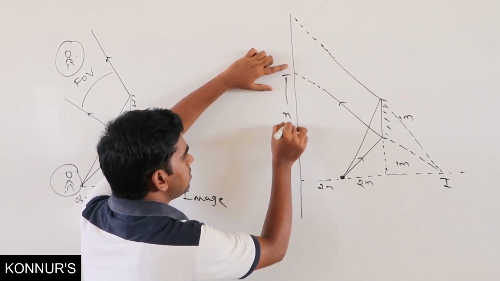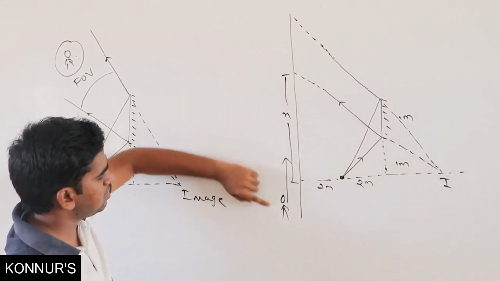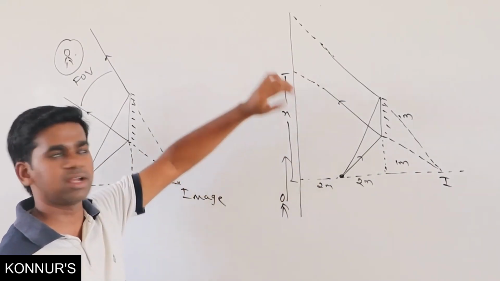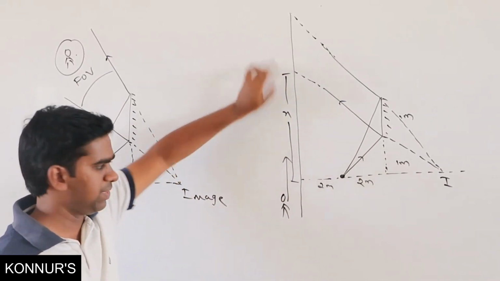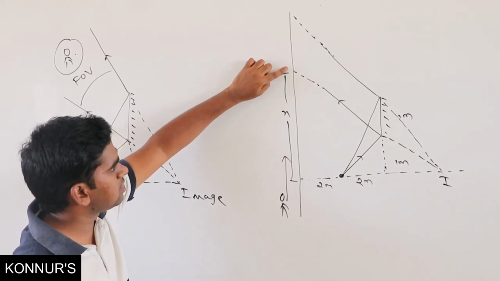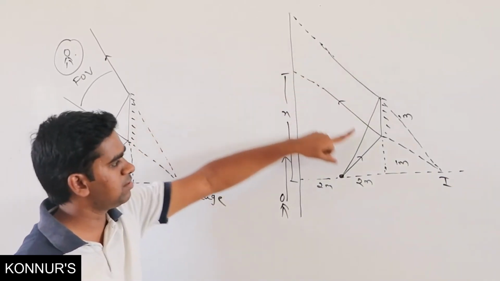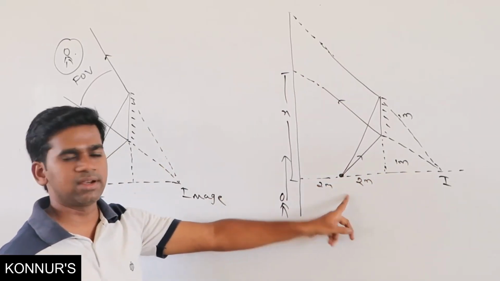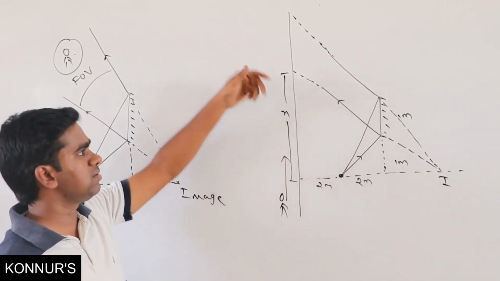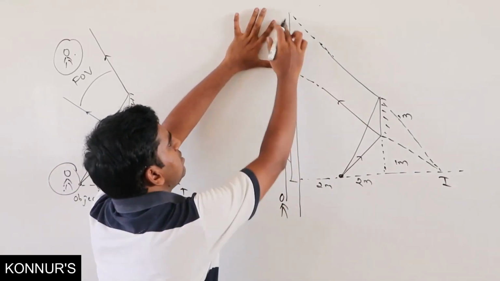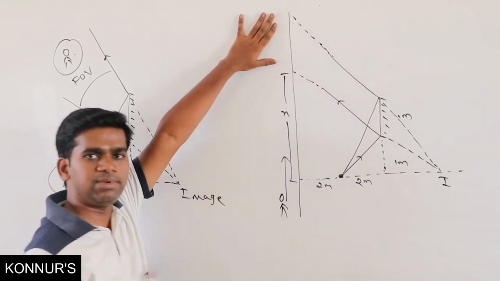Take this as x. Till x distance this person will not see the image because he is not coming under the field of view. Now when he reaches x, after traveling the x distance, when he comes in the field of view, he is able to see the image of the object. So we have to calculate x, or they may ask you to calculate for how much distance he will be able to see the image.